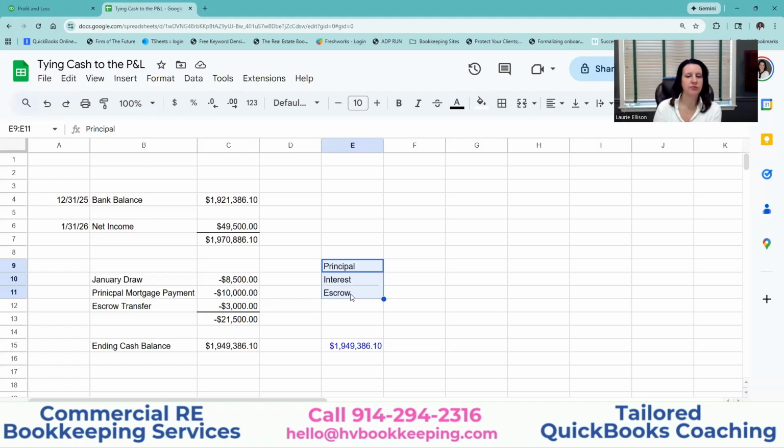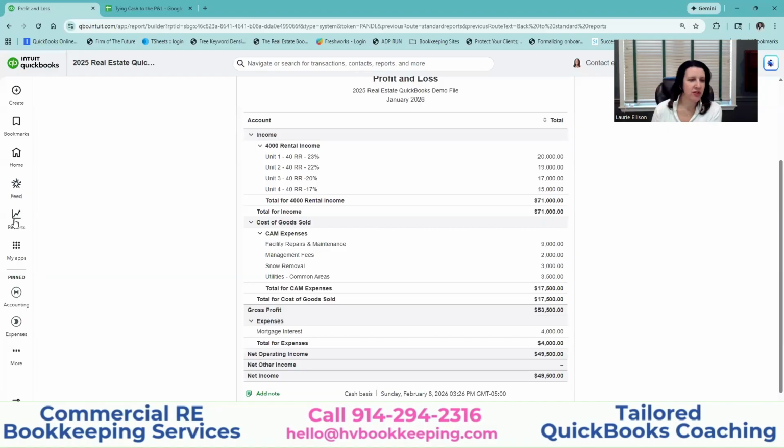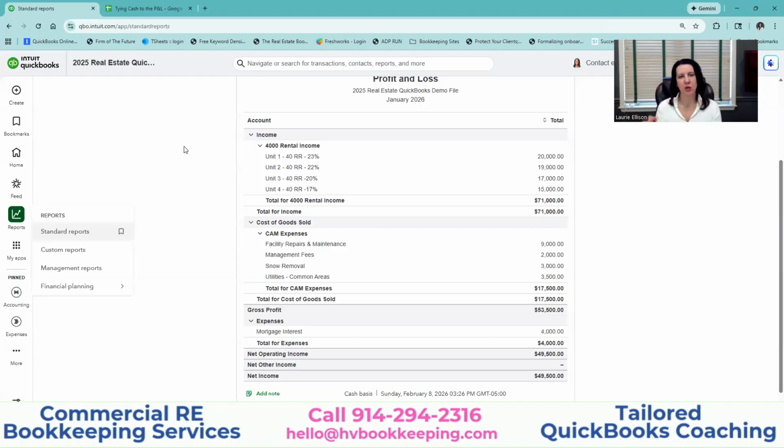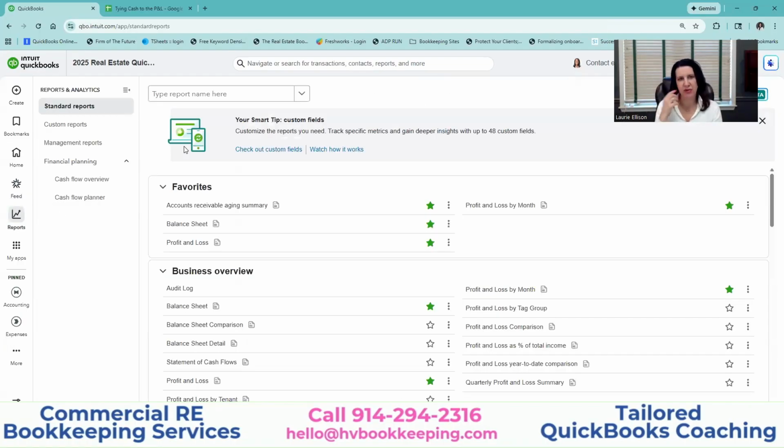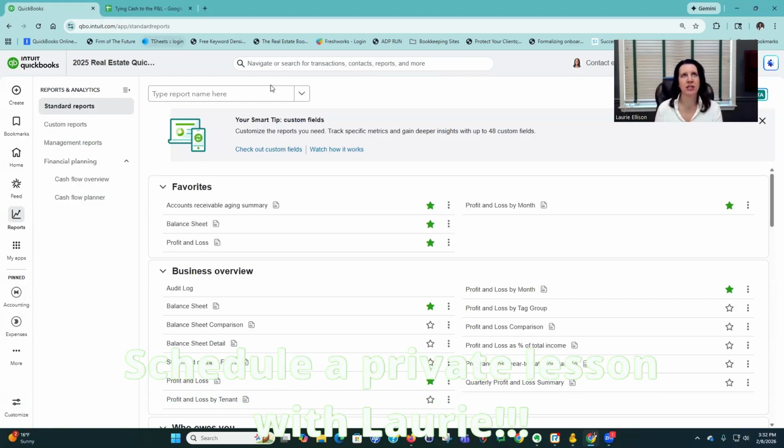Now, going back to the profit and loss, I'm going to just go back over here to the reports because there is one that helps you, but I'm going to show you a couple ways to look, because depending on the different types of expenses, they're not really expenses, they're balance sheet movement, right, you need to know about them in order to figure out what your true cash flow is.